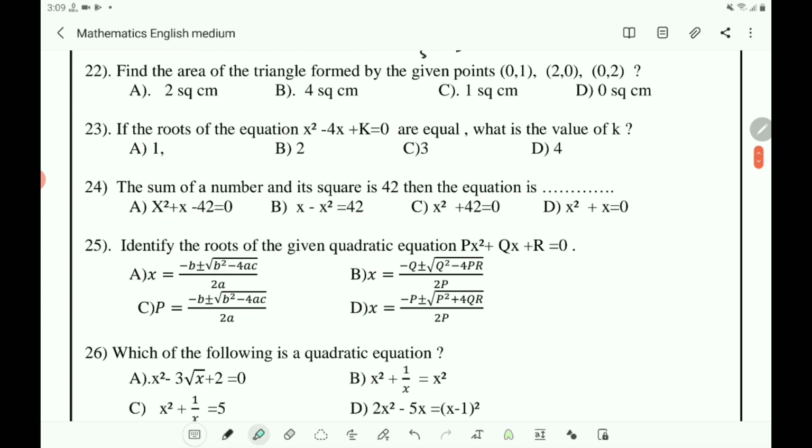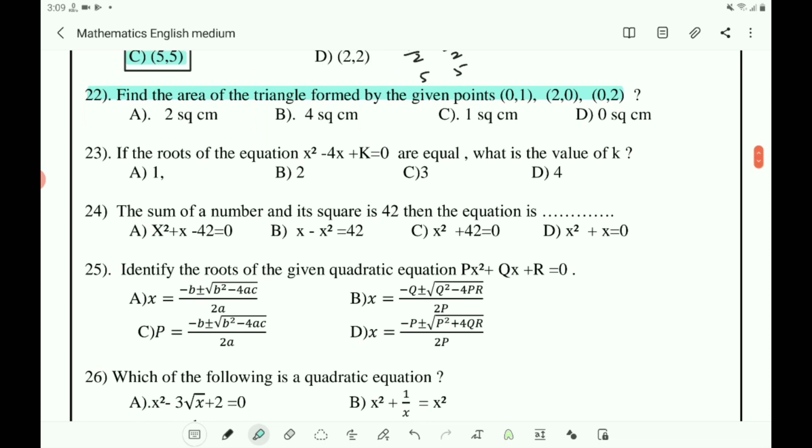Then you take question number 22. Find the area of the triangle formed by the given points 0, 1, 2, 0, 0, 2. Now you consider these are x1, y1, x2, y2, x3, y3. Then you know the formula to find the area of the triangle when the vertices are given. That equals half into x1 into y2 minus y3 plus x2 into y3 minus y1 plus x3 into y1 minus y2.